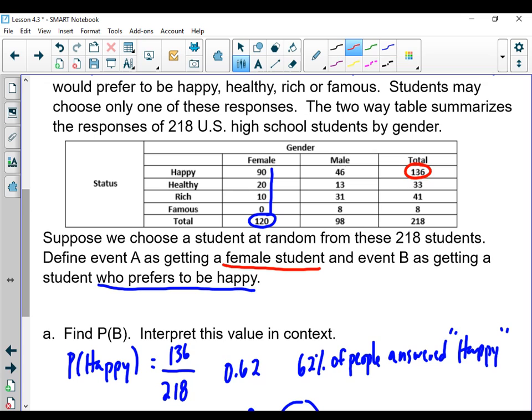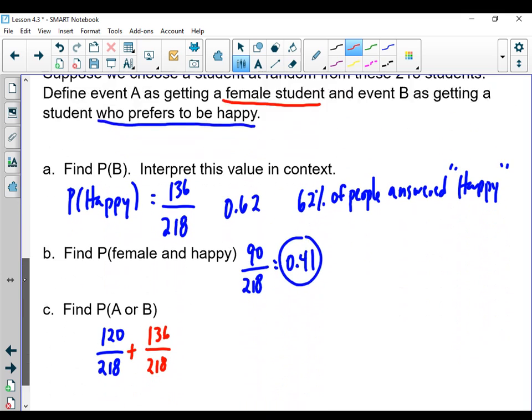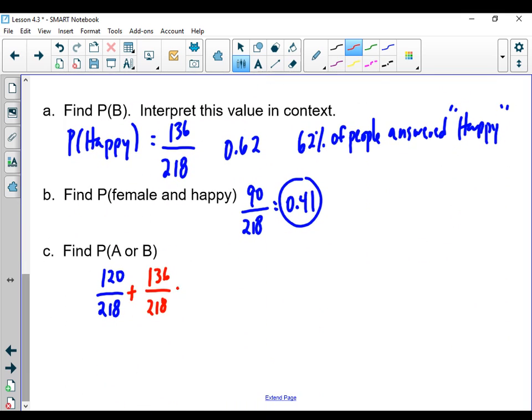When I added up the happy answers, I added up the 90, the 46. Well, notice one of those numbers I added twice because I added this number, the one that was females who wanted to be happy, I added that one twice. So that means I've got to take those 90 people out of my total because I don't want to add them twice. I only want to include them once.